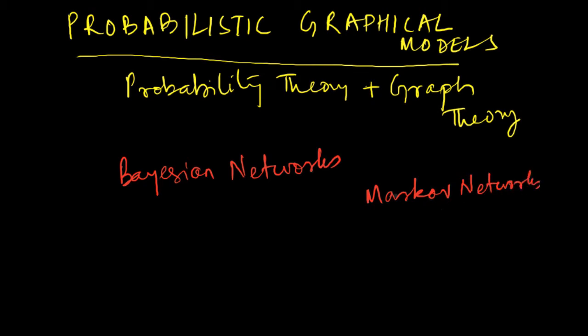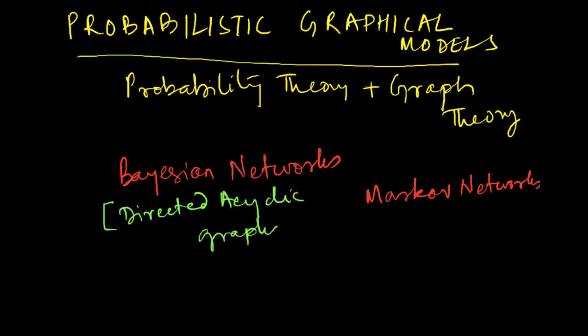So the primary difference between Bayesian networks and Markov networks is that Bayesian networks are directed acyclic graphs. By directed acyclic graphs, remind yourself of the decision trees we had learned in another previous video, where you had a root node, you had daughter nodes, and so on till you reach the leaf node.